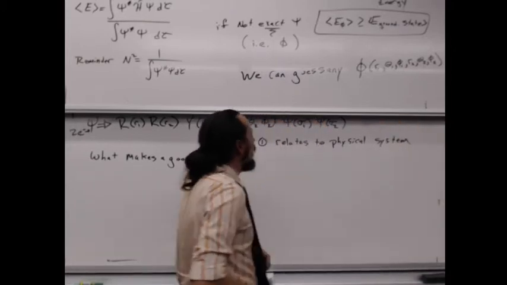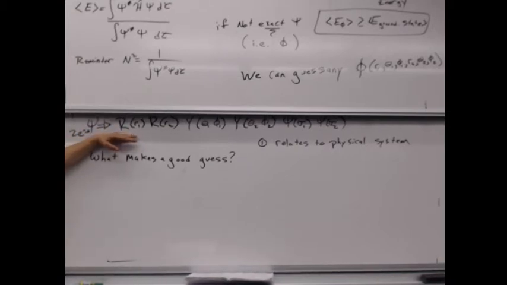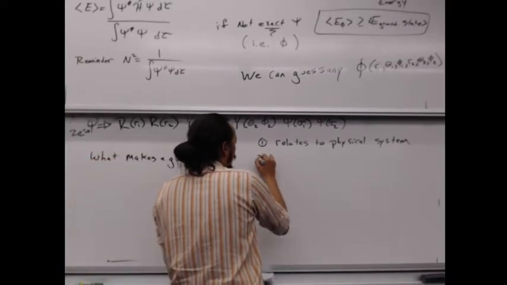If we're looking at helium, if we look at helium plus, 1 electron on helium, that just looks like hydrogen. If I look at helium with 2 electrons, I can say, well, that's kind of going to look like 2 hydrogen atoms. I can guess a function like this, and that's probably going to be a good starting point for a guess. It relates to my physical system.